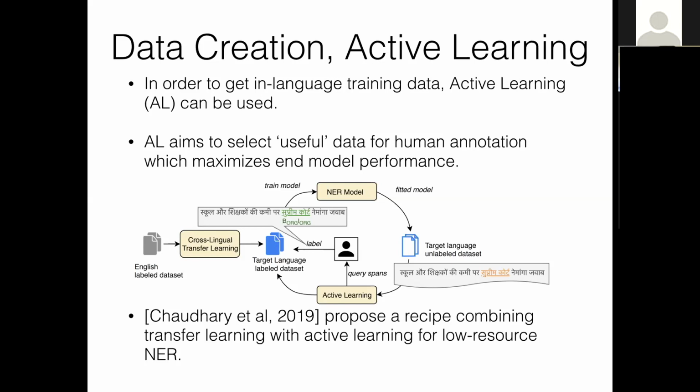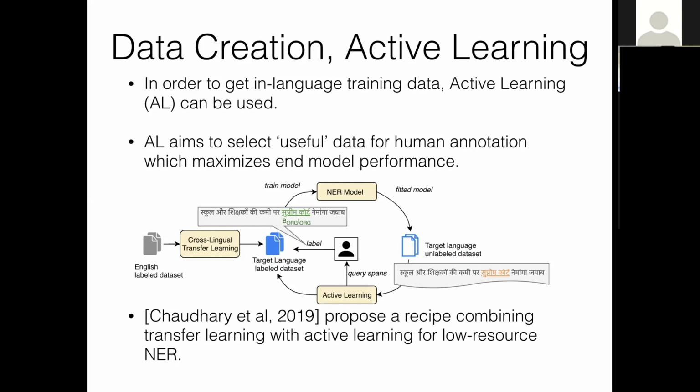On top of this trained NER model, you use a span-based active learning method, which selects subspans within a sentence for annotation. If you see here, the highlighted span in orange is the span selected for annotation, and they are then presented to the annotator to annotate.